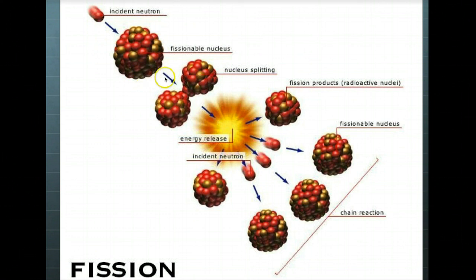When it does that, it provides enough energy that it can split that nucleus into two different parts. When that happens, a lot of energy is released, and more neutrons are released traveling at high speeds that hit other nuclei, and it causes a chain reaction. These neutrons keep hitting other nuclei and splitting them and releasing more neutrons.